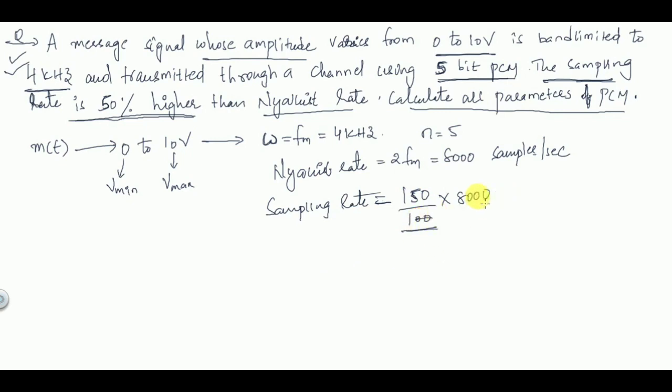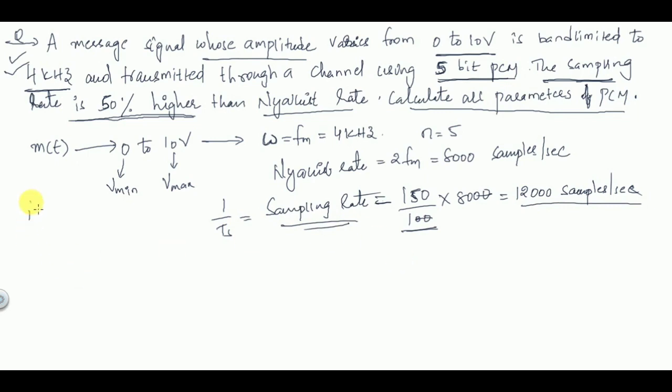These two get cancelled, so what you will get is 12,000 samples per second. So this is the sampling rate, that is 1 by Ts. 1 by Ts is the sampling rate, given by 12,000 samples per second.